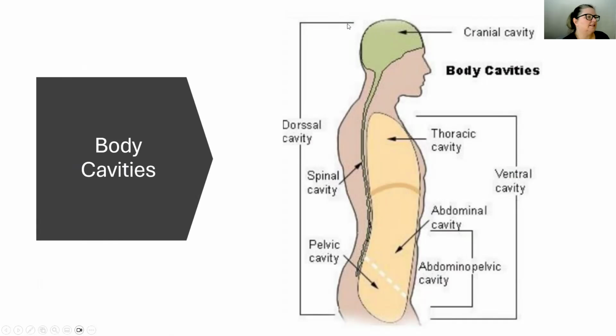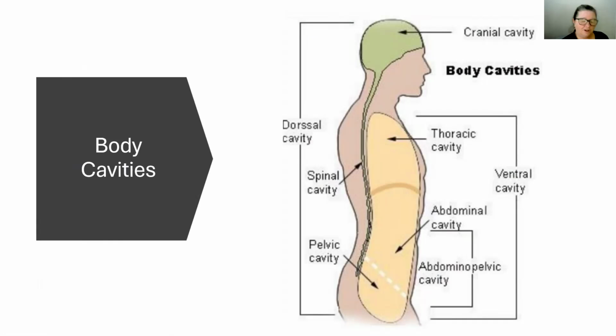The whole back of the body is known as the dorsal cavity. That includes the cranial cavity and the spinal cavity, because the spinal cavity is where the spine is housed. So the spinal cavity and the cranial cavity are both known as the dorsal cavity.